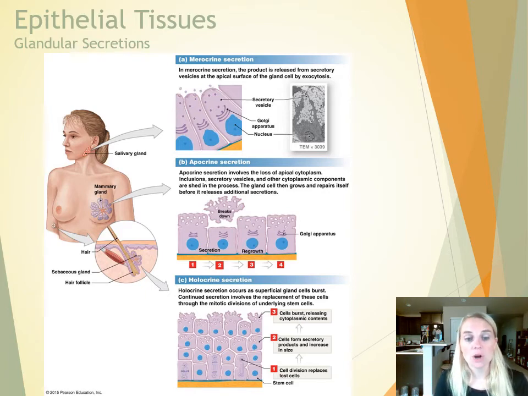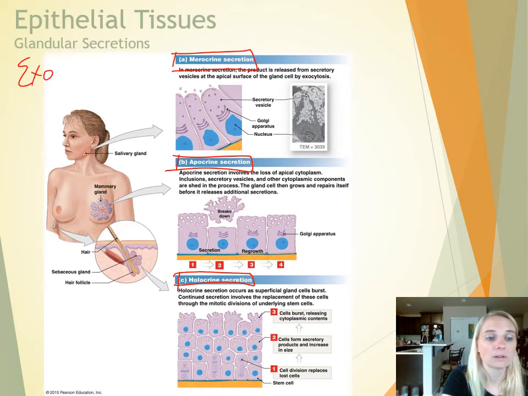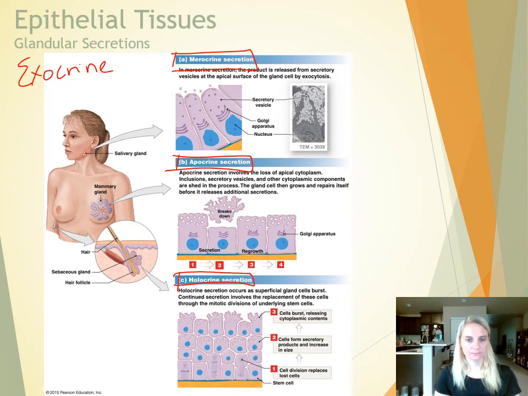Depending on where these exocrine secreting cells are located and what they're secreting, they'll have different mechanisms of secretion. There are three major types: merocrine, apocrine, and holocrine. And again, these are only dealing with exocrine secretions going to a surface.